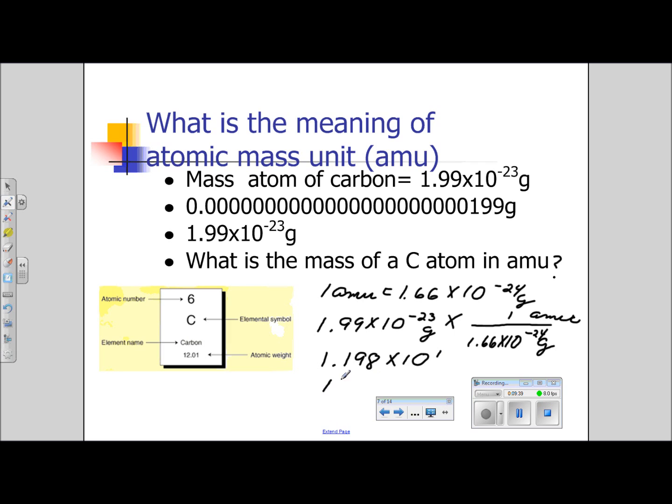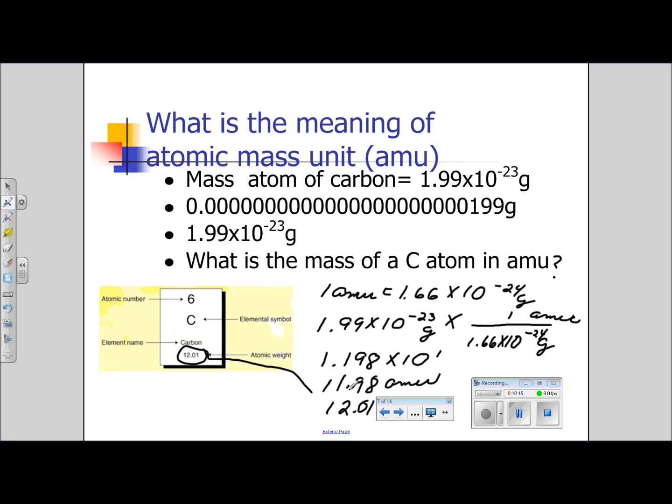In other words, 11.98 AMUs, which is very close. We round it off to 12.01 AMUs, which is the number that you see on your periodic table, right in the square of the carbon atom.